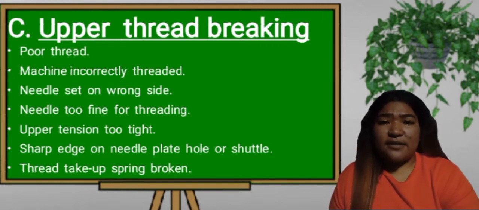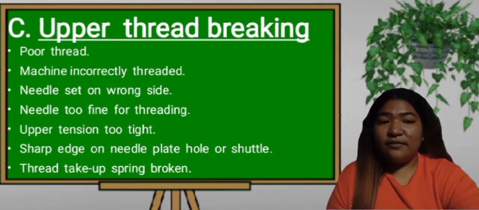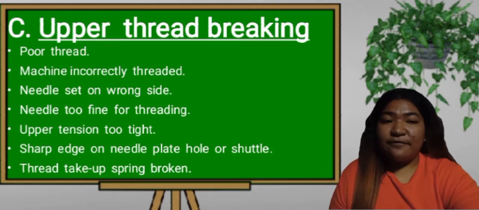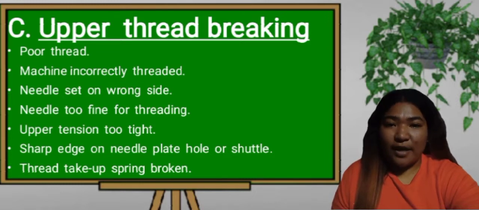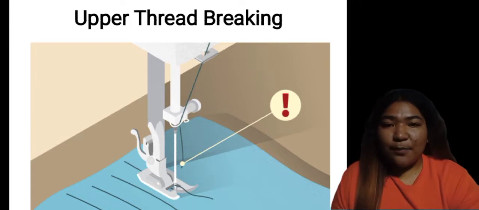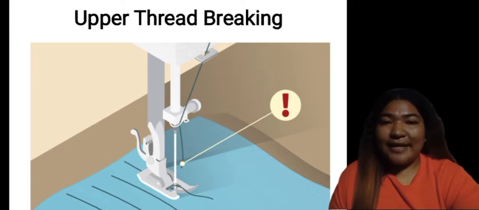So causes of upper thread breaking are: poor thread, the machine incorrectly threaded, the needle set on the wrong side, the needle too fine for the thread, the upper tension too tight, a sharp edge on the needle plate, hole, or shuttle, and a broken thread take-up spring. So this is an example of upper thread breaking.